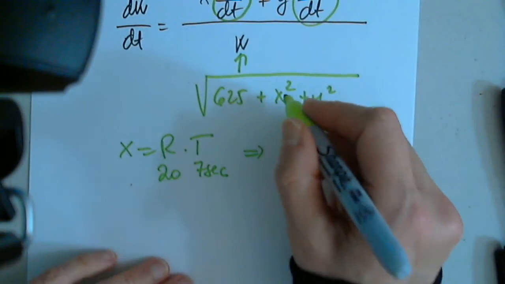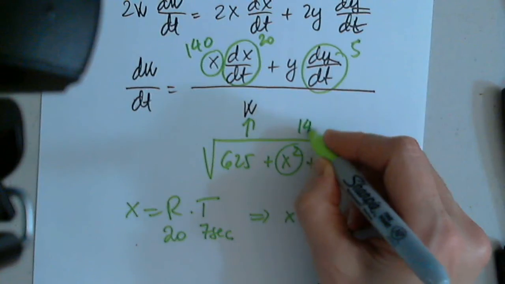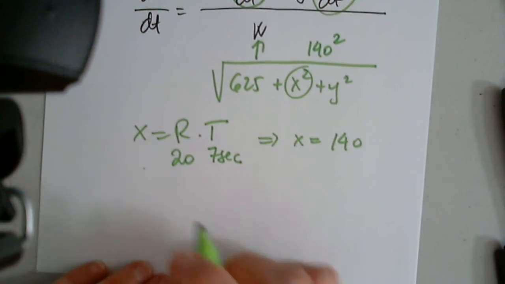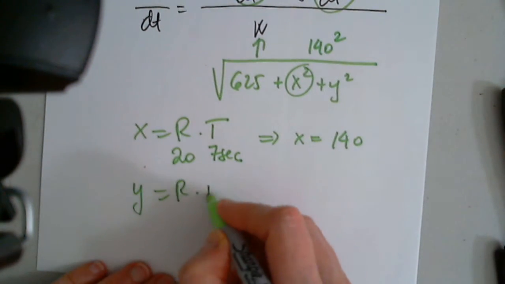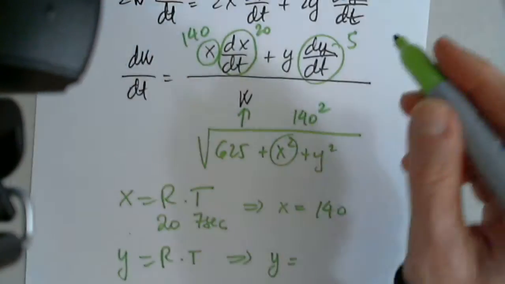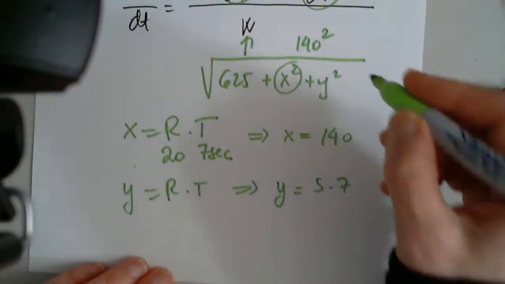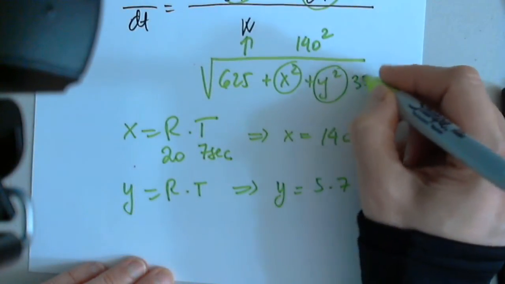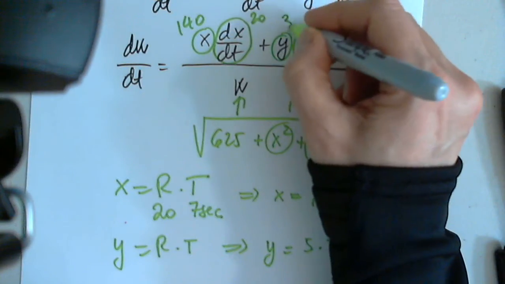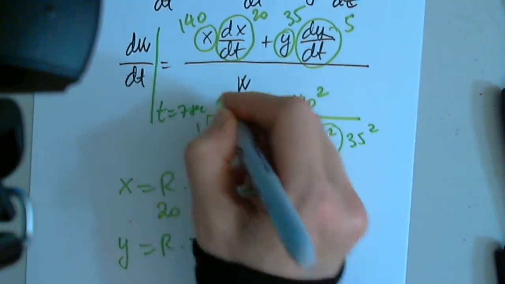So this will be replaced by 140, and this will be 140 squared. The same for y: y is the rate times time, which is 5 times 7. So this will be 35 squared, and this will be 35. And this is only when time is 7 seconds.